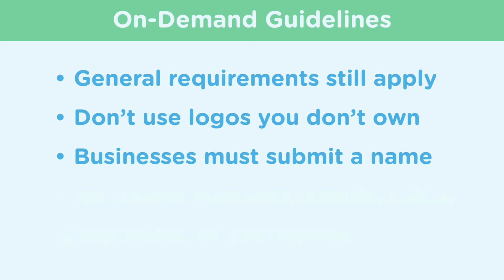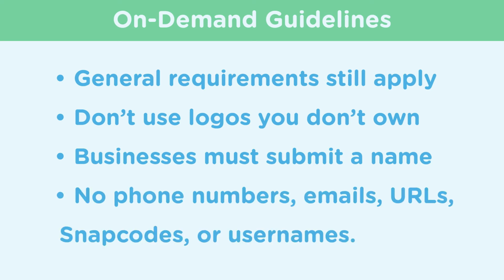It will then be displayed on top of your geofilter for a few seconds when a user swipes onto your geofilter in order to let them know that it is a sponsored geofilter, and then the text will disappear soon after. Also, you're not allowed to use phone numbers, emails, URLs, snap codes, or usernames in your on-demand geofilters.